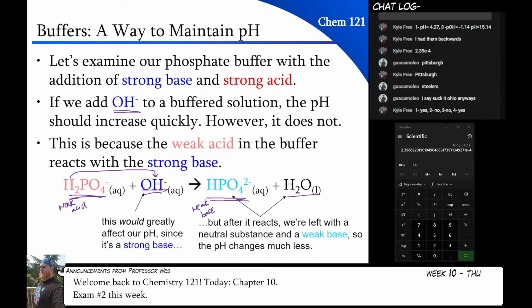And because I already had that weak base there to begin with, making a little bit more of it changes the pH very little. So instead of the pH going up by a lot, the pH goes up very little because we neutralize the strong base and turn it into a neutral compound by producing a very weak base.